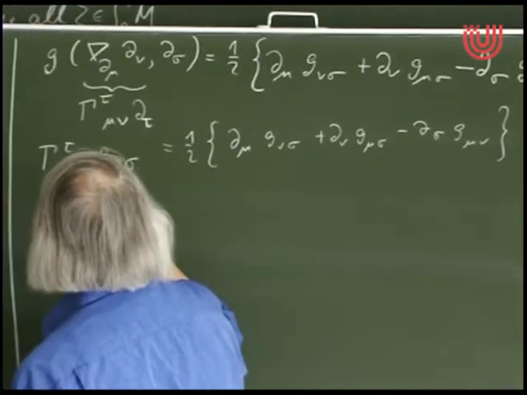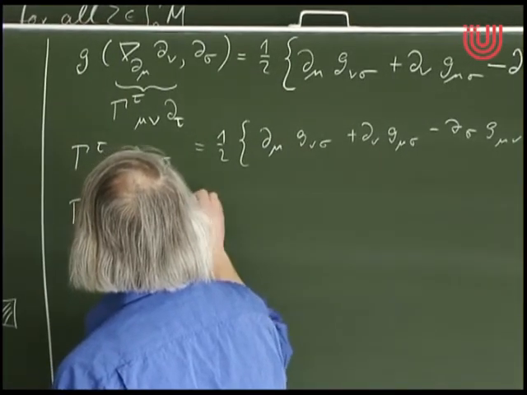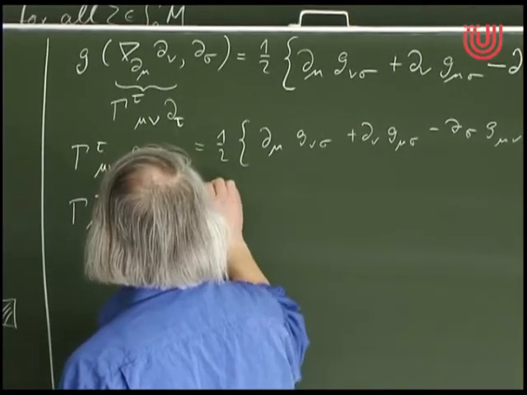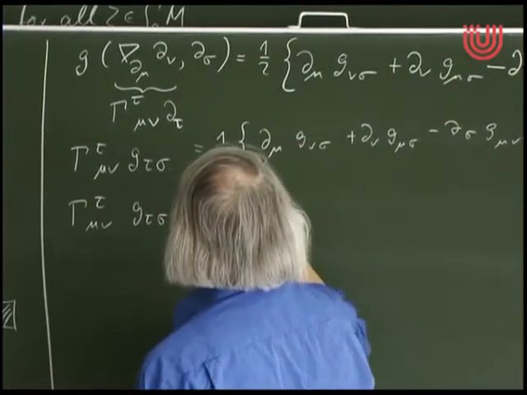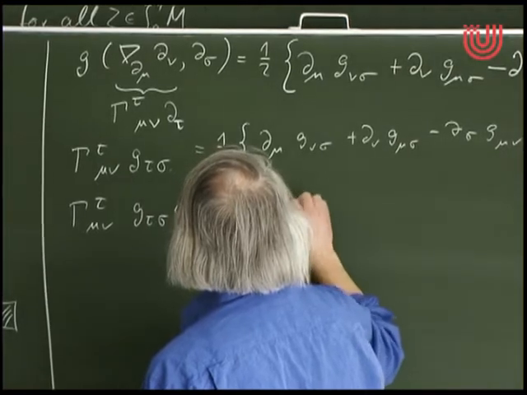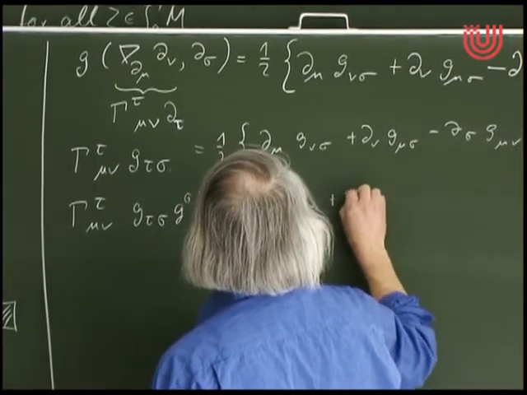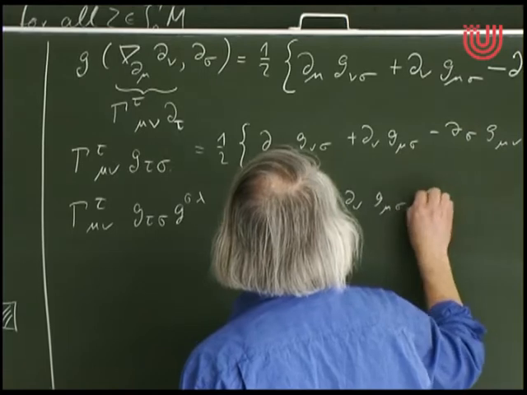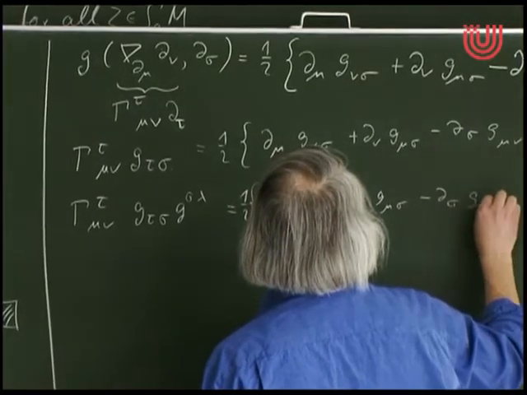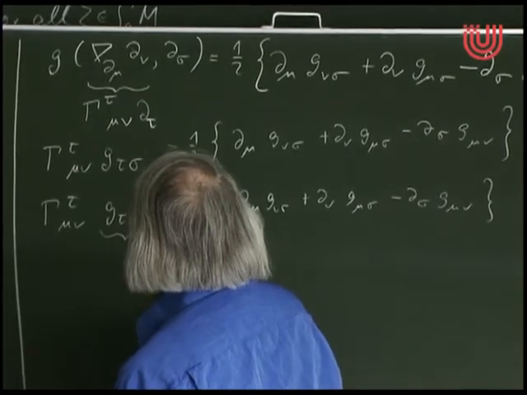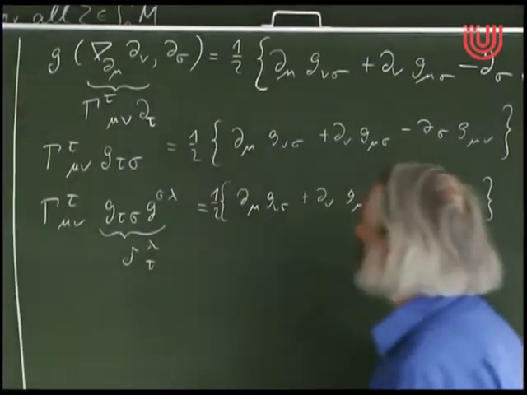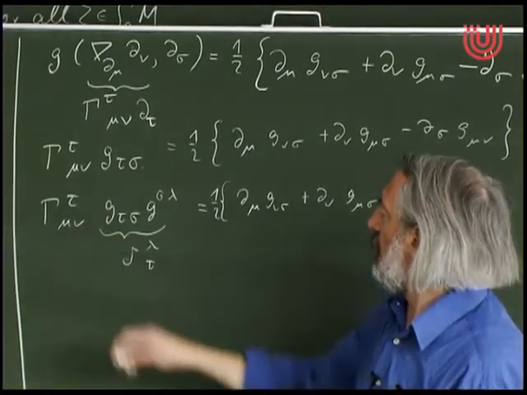Yeah, okay, let me write it in 2 steps. So I get this here. This is this here. 1/2 d mu minus d sigma g mu nu. And this is a Kronecker delta lambda tau. So this replaces the tau by a lambda.